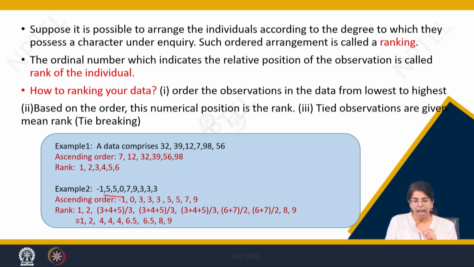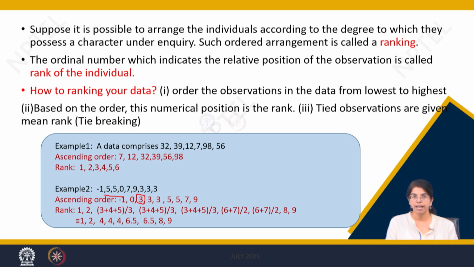Average ranking means for the first 3, we would assign rank 3, then for the next 3, rank 4, and for the third 3, rank 5. So altogether 3 consecutive ranks.